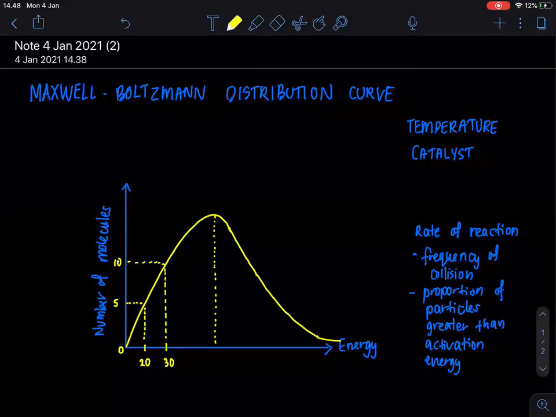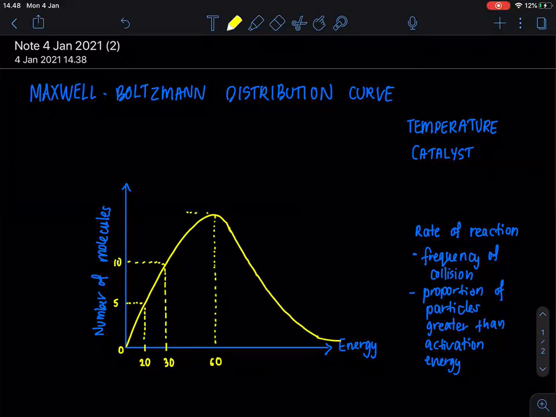If I put it over here, maybe this is around 60 kilojoules, and let's say, for example, 15 molecules have 60 kilojoules.